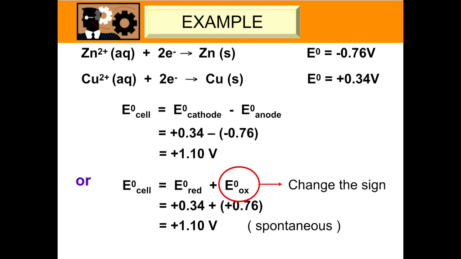So, both formulas give the same answer, which is positive. Positive means that this redox reaction is spontaneous.